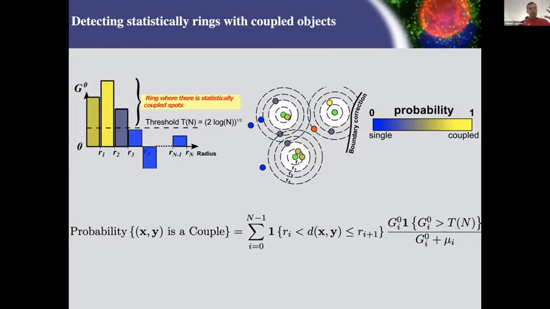And when you count the number of observed molecules in these rings compared to the expected number of molecules, spots or objects that would be there just by chance, you have a robust estimation of the number of coupled objects at each distance. So let's say that at a given distance, I know I have a given number of coupled objects and a given number of objects that should be there by chance.